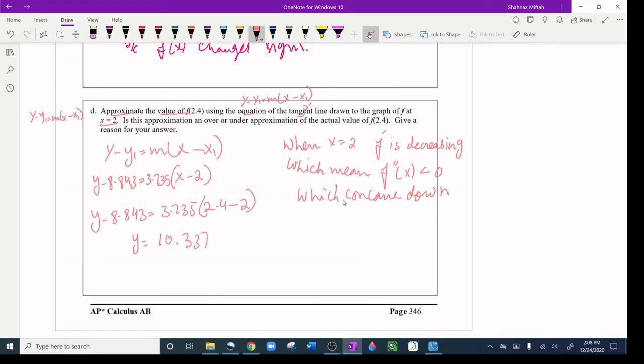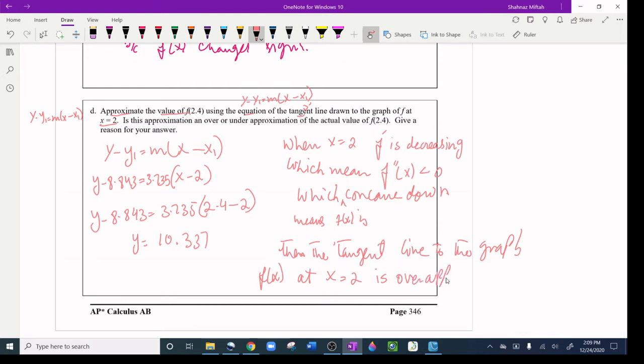So if it's concave down, which means f of x is concave down, then the tangent line to the graph of f at x equal to 2 is an over approximation of the actual value of f of 2.4.